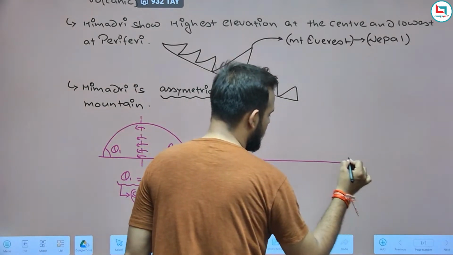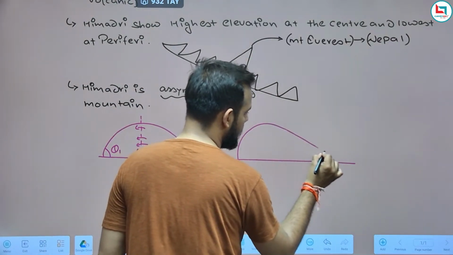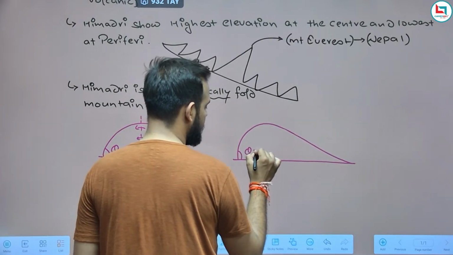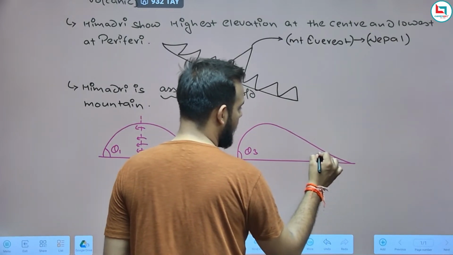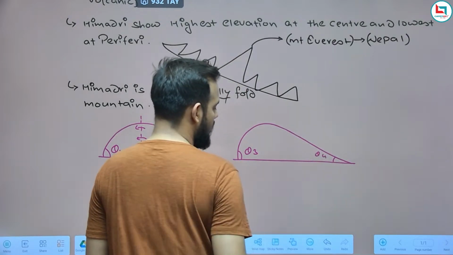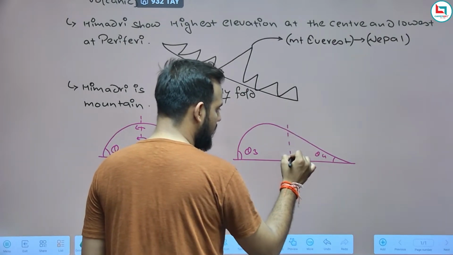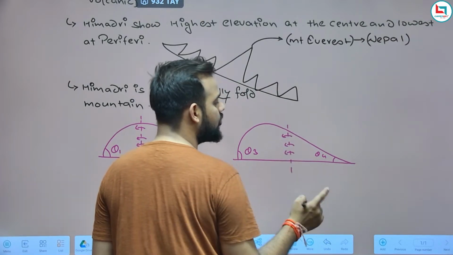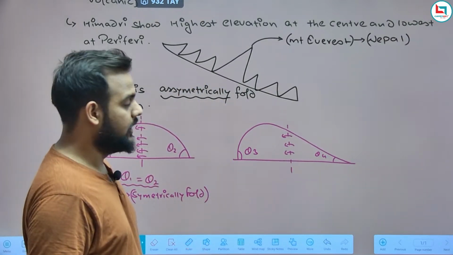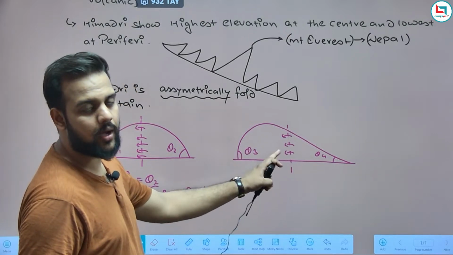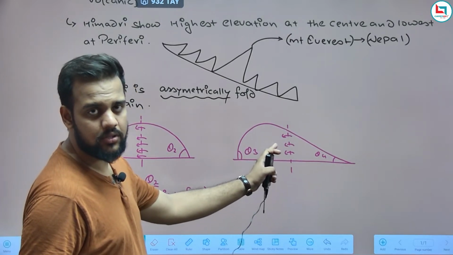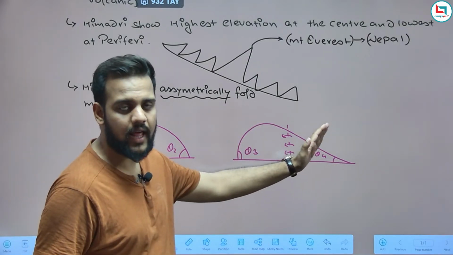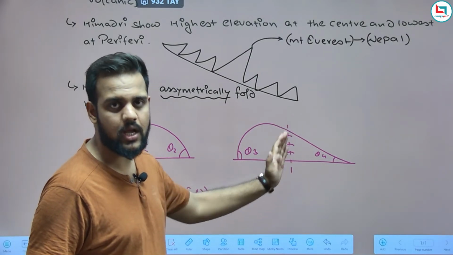Okay. And if we have this type of diagram where we have theta 3 and here we have theta 4, so if we cut this particular thing and we fold it out, it will not show the mirror image. Okay, its half part will not overlap upon its remaining half part.